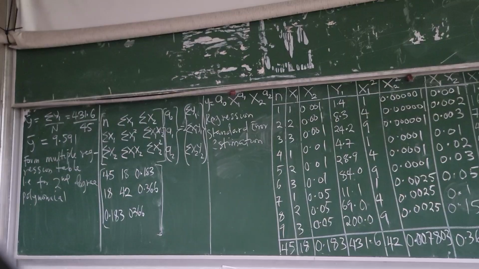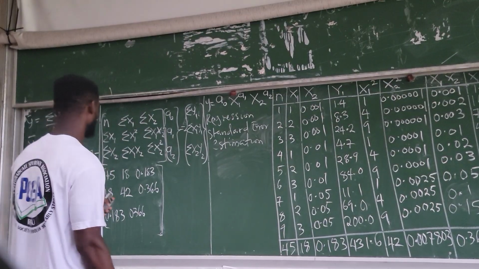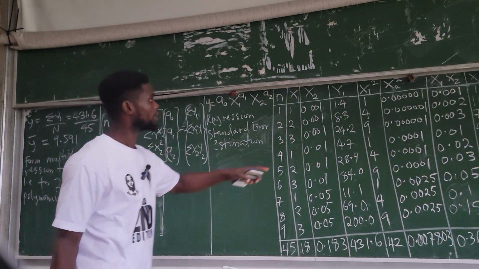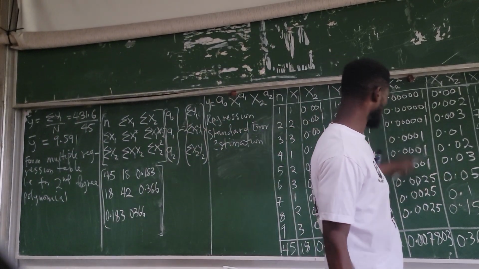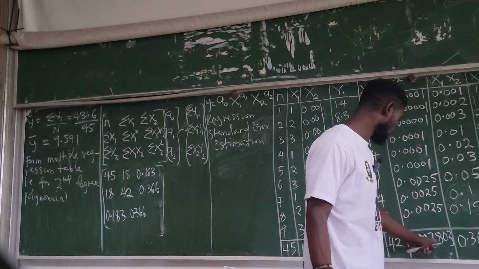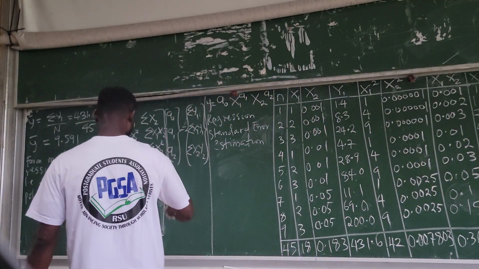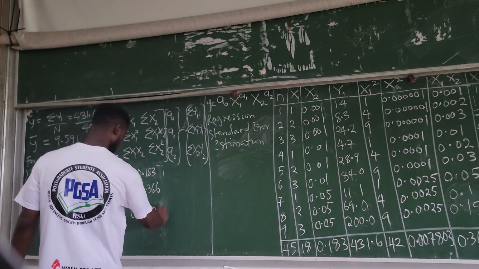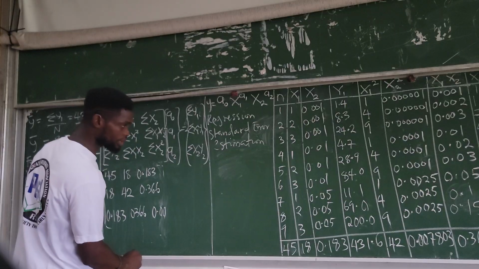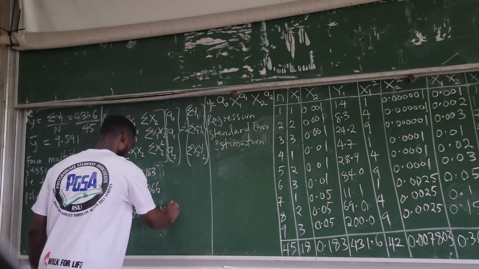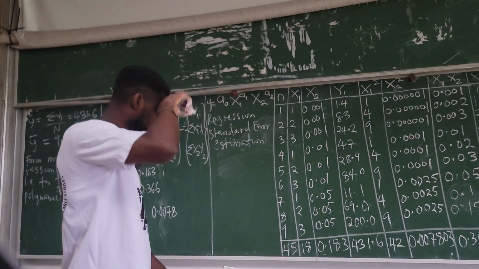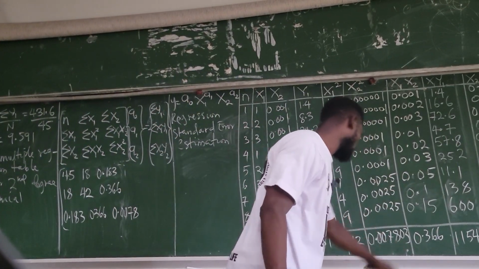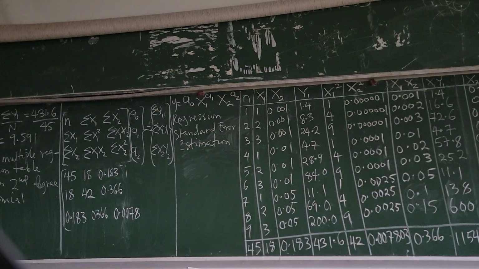Then we have summation of x1 x2 is 0.366. Then summation of x2 square. X2 square is here. So the summation is 0.00787803. So let's just stop at 78 to reduce the line.